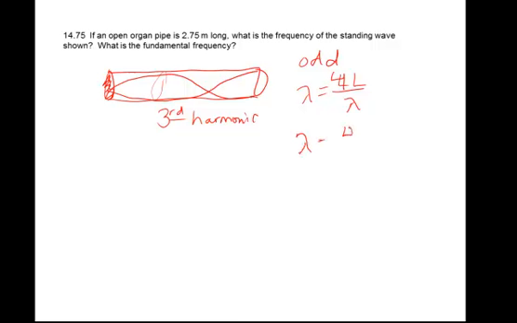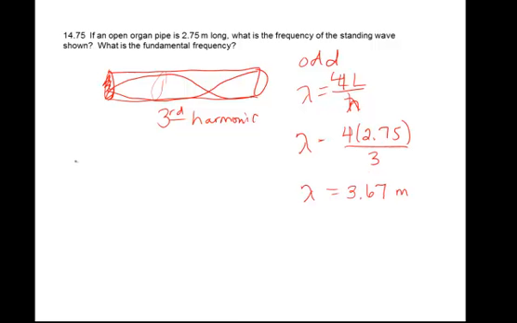I'm going to take 4 times the length, which is 2.75, and I'm going to divide by my third harmonic. And that is going to tell me what my wavelength is. My wavelength is 3.67. Now in this case, they wanted me to find my fundamental frequency.